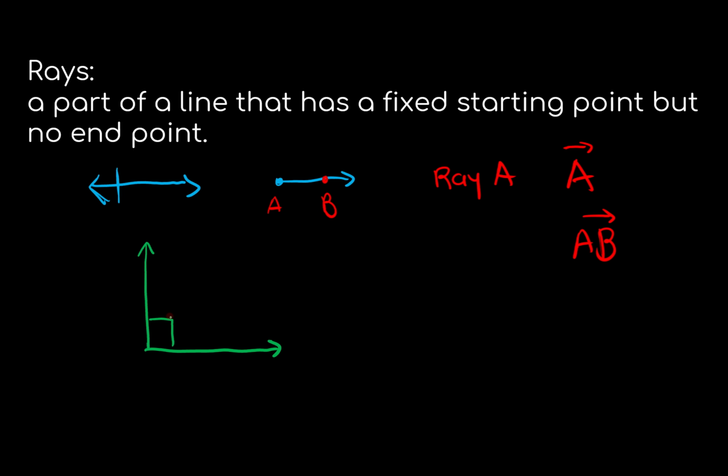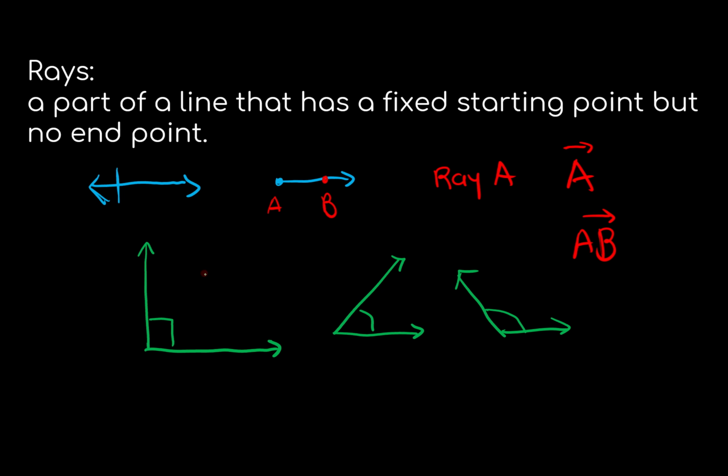Specifically, this is a right angle, but you can also have, just a review, what is this angle right here? It's an acute angle, while this is an obtuse angle right here.